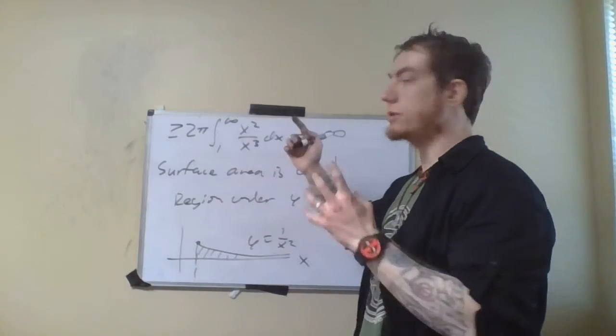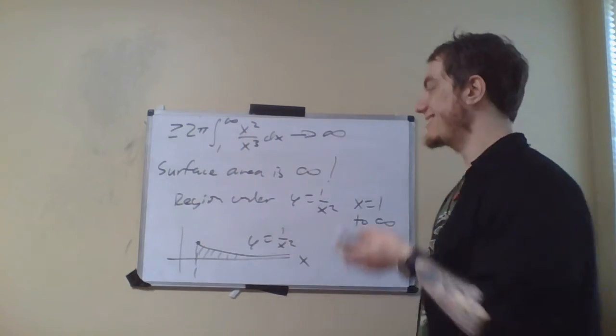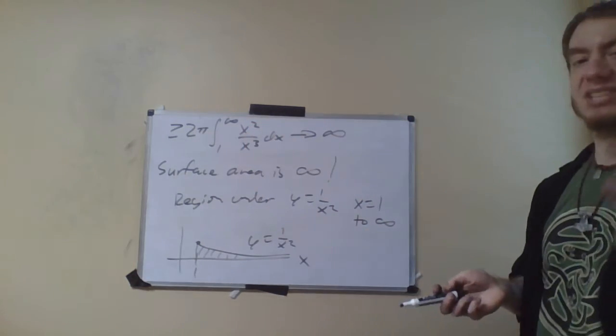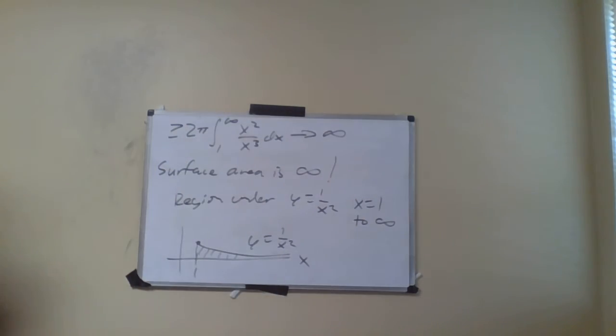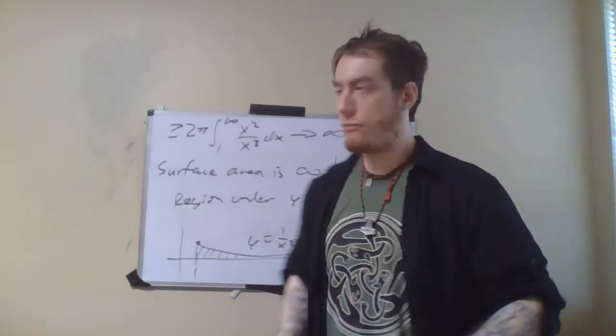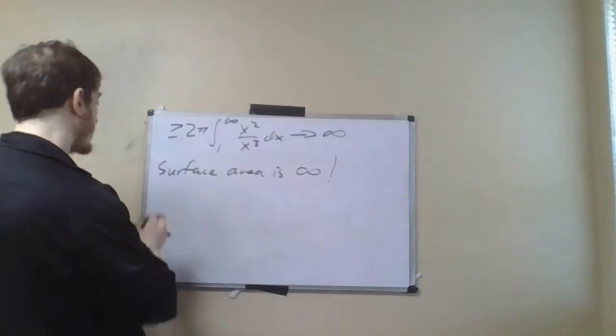Well, we just found a volume that is a finite volume, but an infinite surface area. It's the same kind of thing, though. The same sort of thing going on. But this does seem a bit paradoxical, because of one way that people sometimes talk about this Gabriel's horn thing. So let's write down what we found.